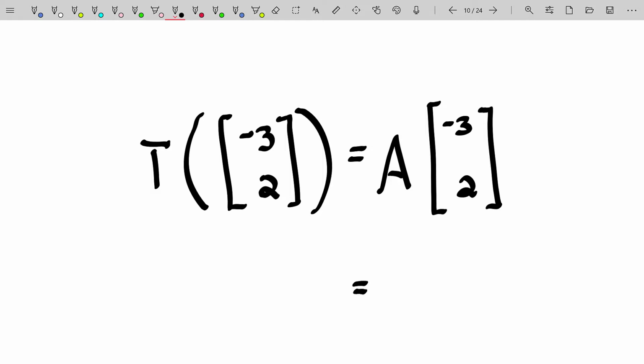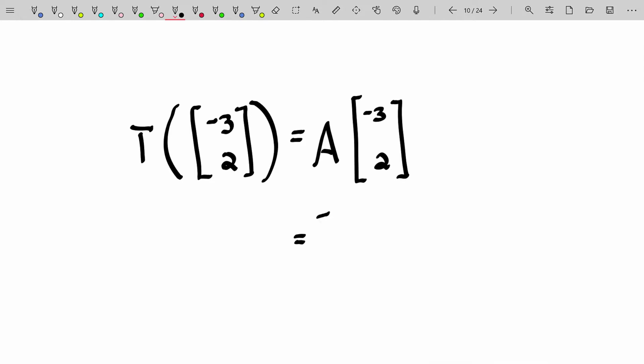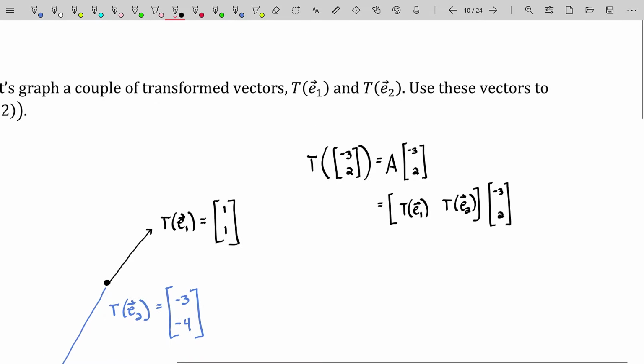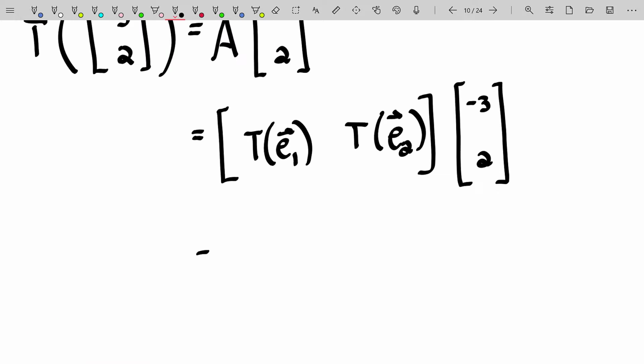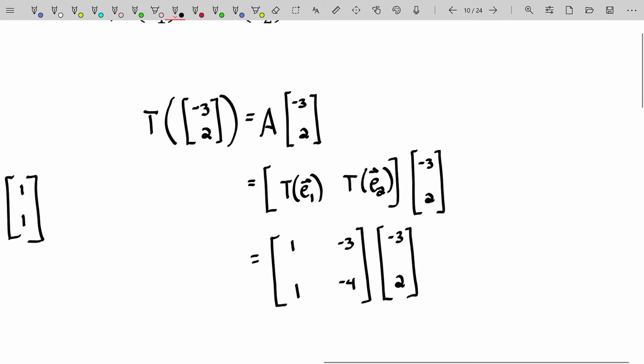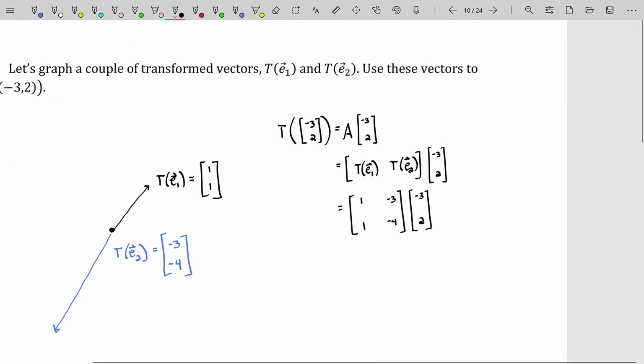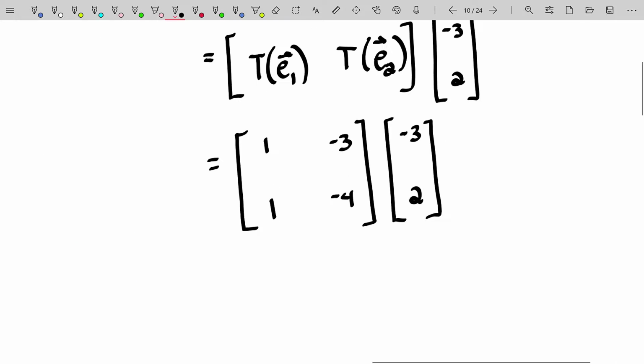The standard matrix is the matrix whose columns are the transformation of e sub 1 and the transformation of e sub 2. And we happen to know those are, just because we made them up, 1, 1 and negative 3, negative 4. So computing the transform of negative 3, 2 is basically a matrix vector multiplication where the matrix is built from the stuff we created. It's very, very nice.